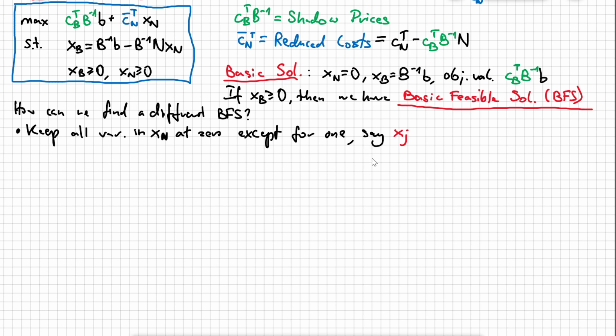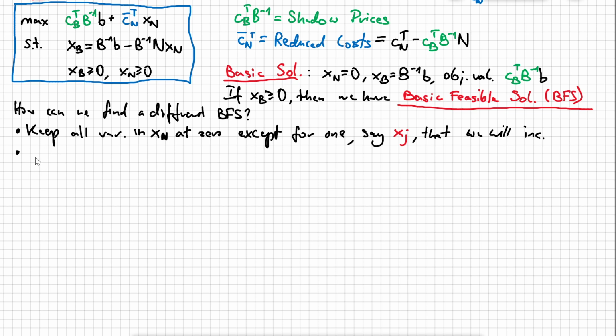So it's one of those variables that we will increase, right? We will increase it. So we're increasing xj. Remember, xj is here, and it's somewhere here. So it's going to change the objective value, and it's going to also change xb values. And in fact, because it's a matrix here that multiplies all xn variables, xj is going to affect every xb variable, right? So all xb variables.